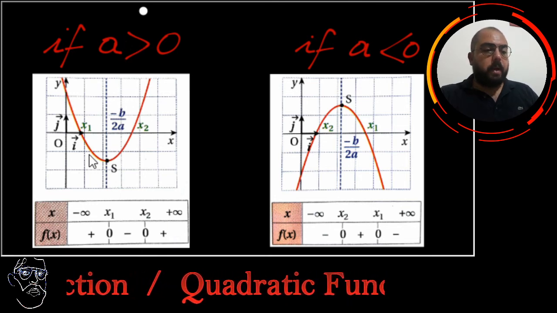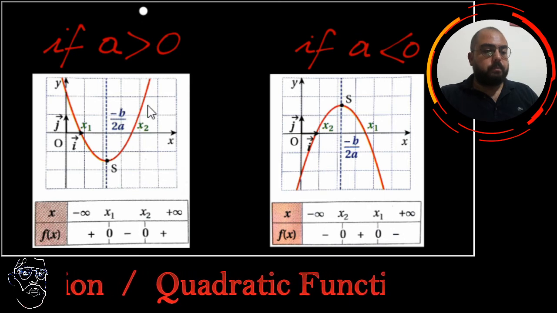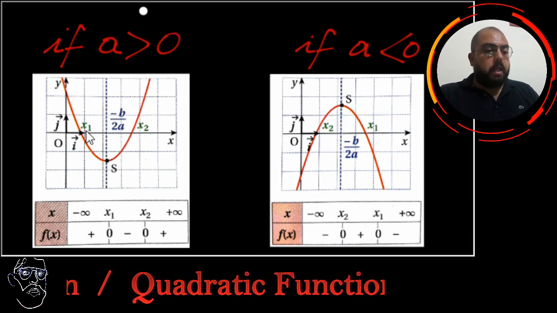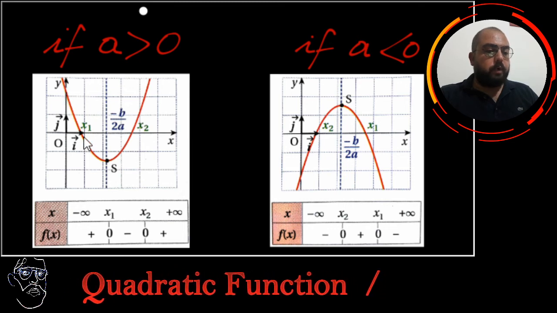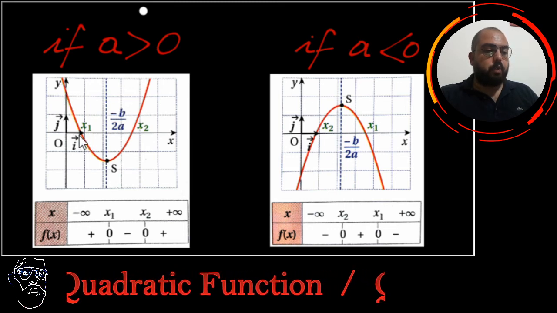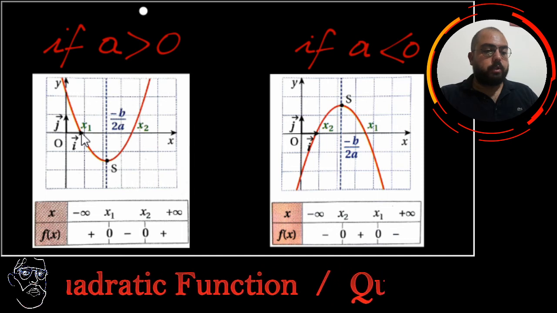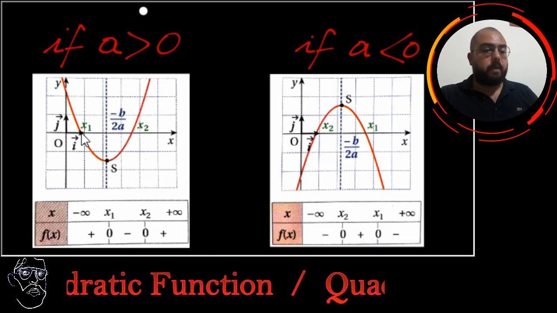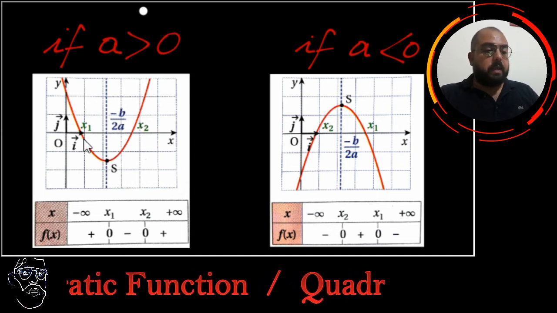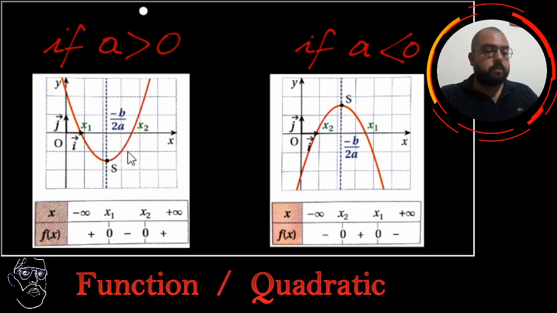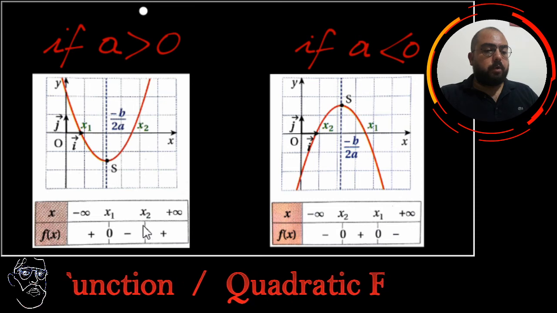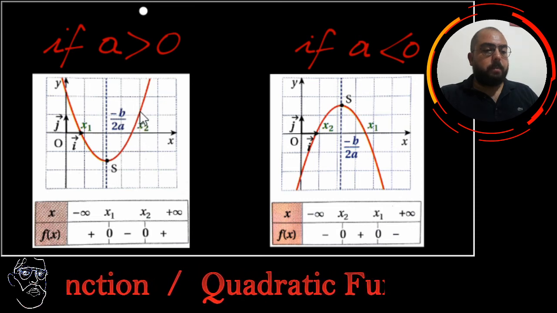If you check the parabola, it goes from positive values, it will reach 0 for x1, which is on the axis of abscissa. It will take negative values between x1 and x2. For x2 it is equal to 0, and then it will be again positive.